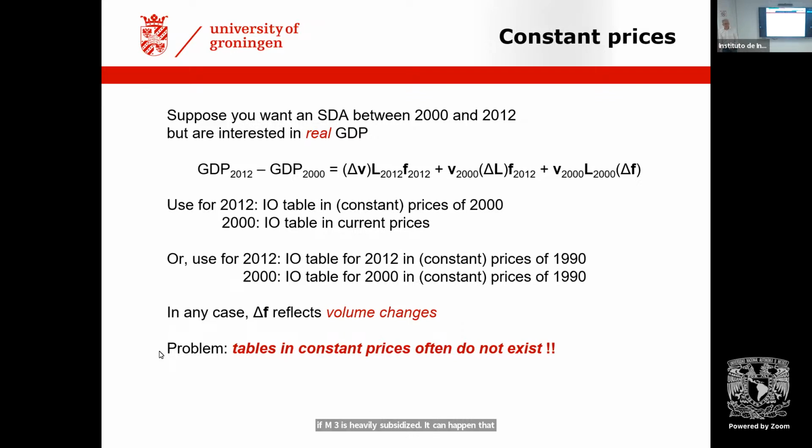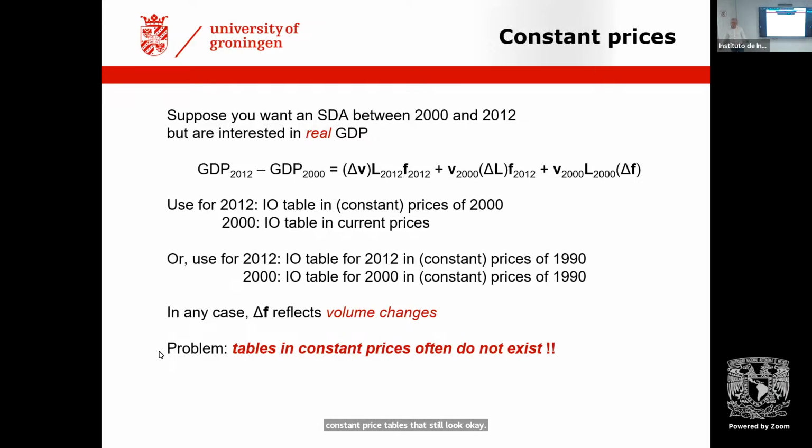But I can guarantee you that with double deflation, you get many more very, very funny negative answers. This is a problem that everybody has, all the people who make these tables. Everybody has tried to make these tables in constant prices. Some succeed, or they produce constant price tables that still look okay-ish, but I don't know how they were made.